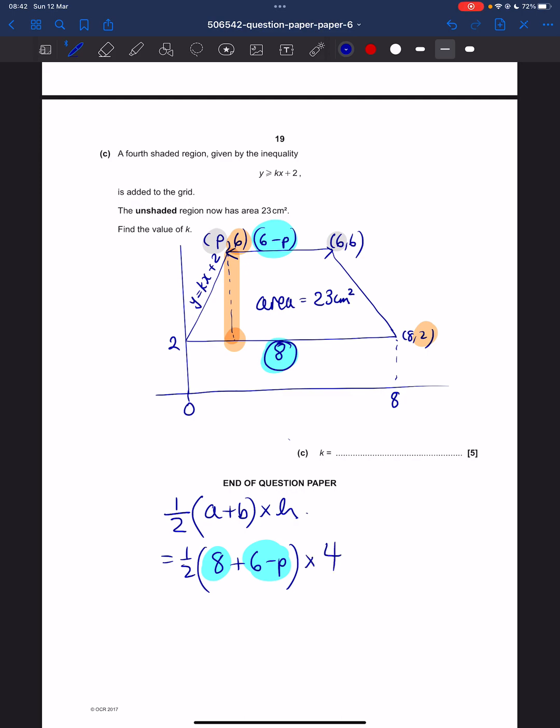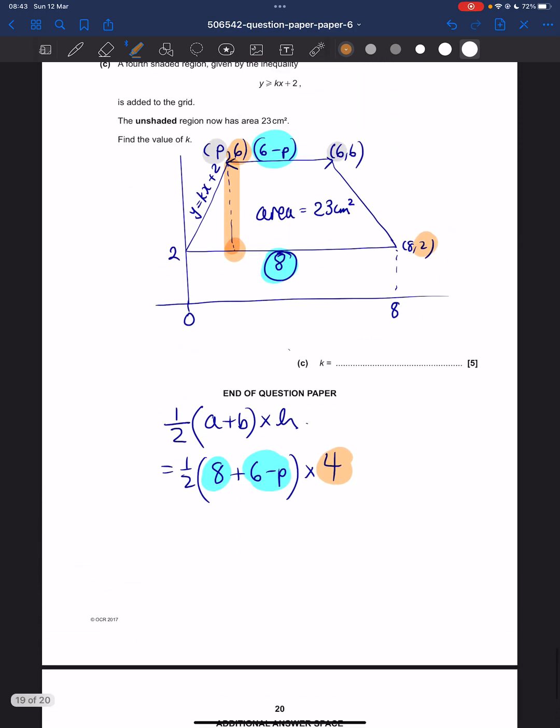It's getting a bit messy here. Half, the sum of the parallel sides, 8 across there, 6 minus p up there, times the distance between them. That line's at height 6, this line's at height 2, so it's 4. Let me make that one orange. That's come from those there. And that is equal to 23 centimetres squared. So let's simplify this.